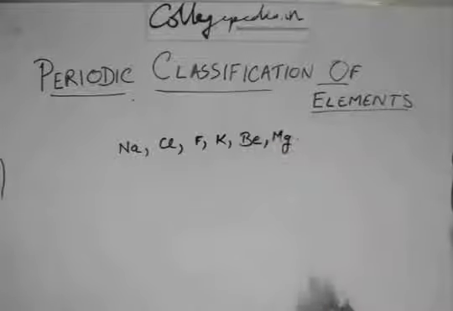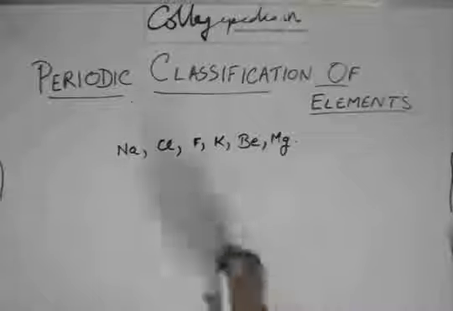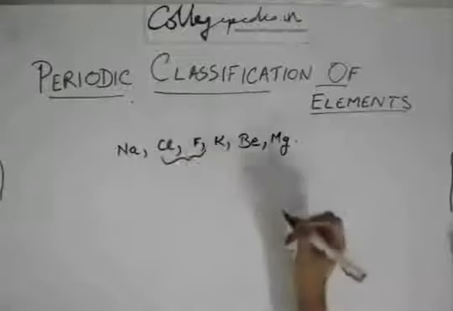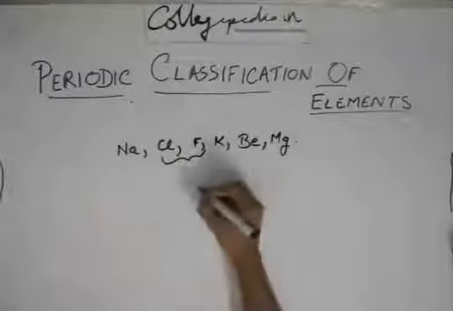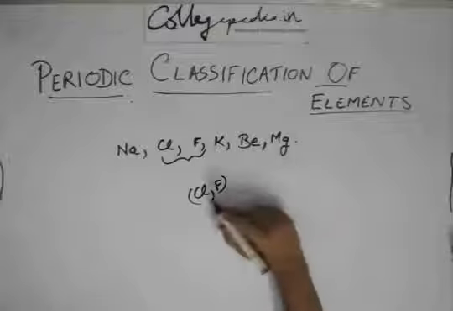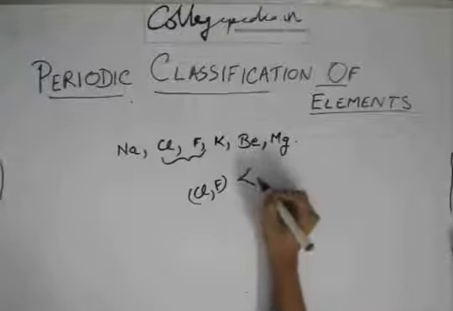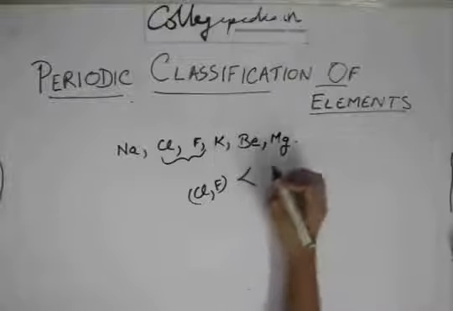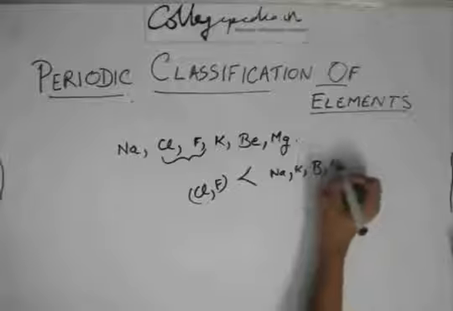If you are asked to arrange them in increasing order of metallic properties, of course chlorine and fluorine are non-metals, otherwise all are metals. So just keep chlorine and fluorine separately. They are obviously less metallic than sodium, potassium, beryllium, magnesium.